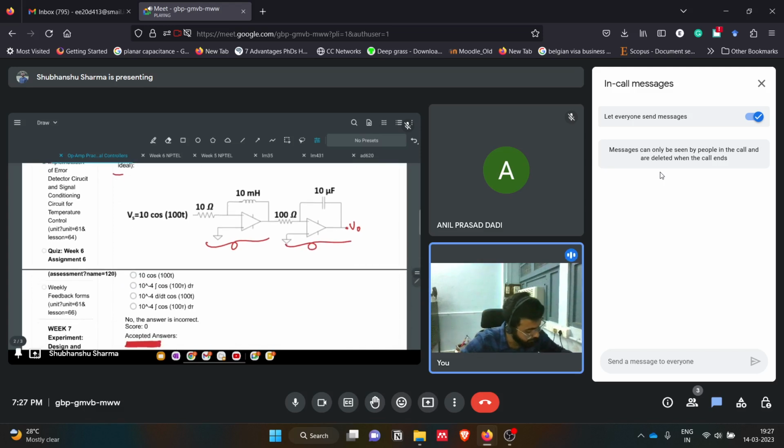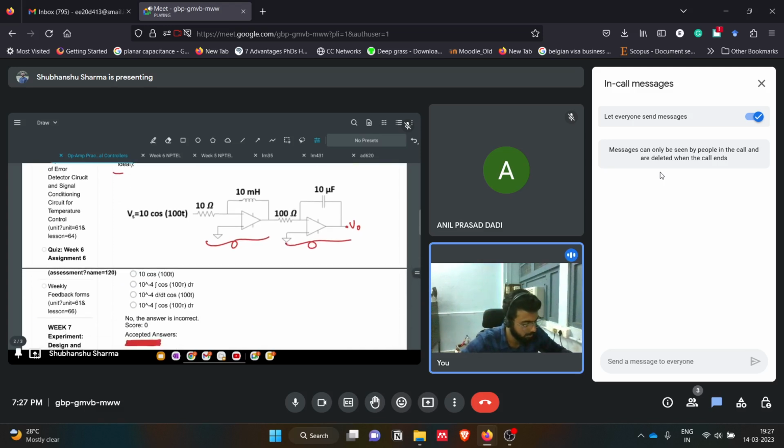If we don't have an idea about how they function, it may be a little difficult, but it is still easy. We can see what current is flowing in this circuit.